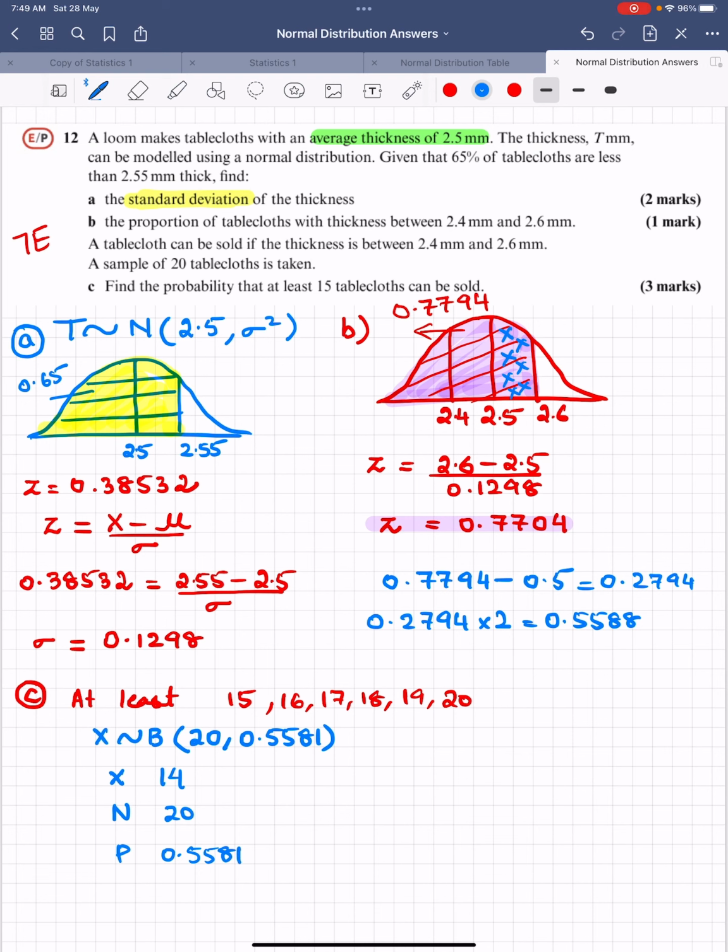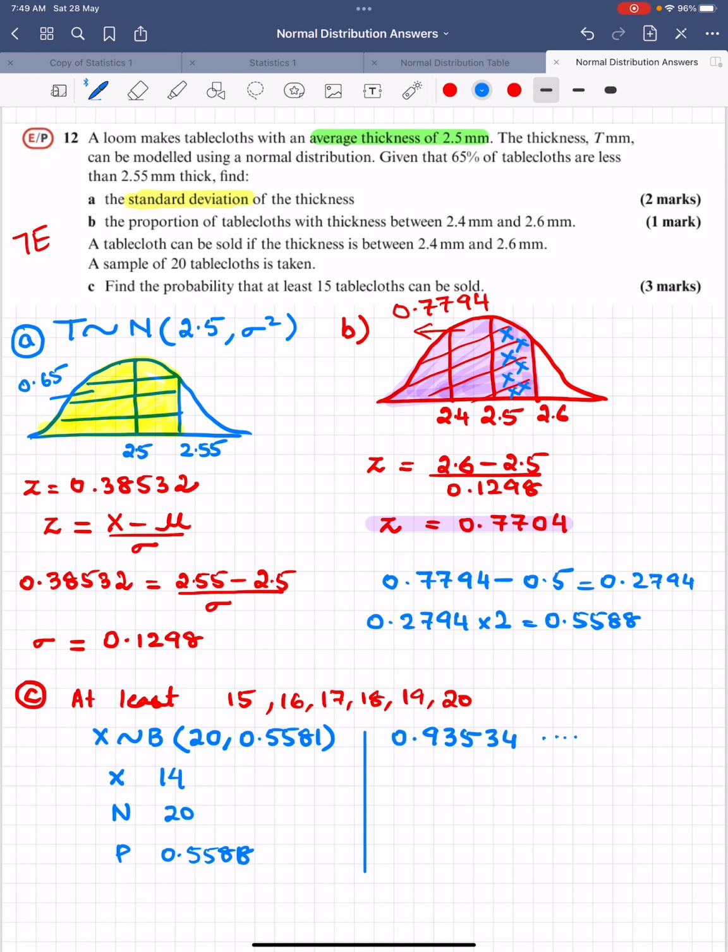X is 14, N is 20, and the probability of success is 0.5588. So that is equal to, now I get the probability of choosing the first 14 directly from the calculator, 0.93534, and so on and so forth.